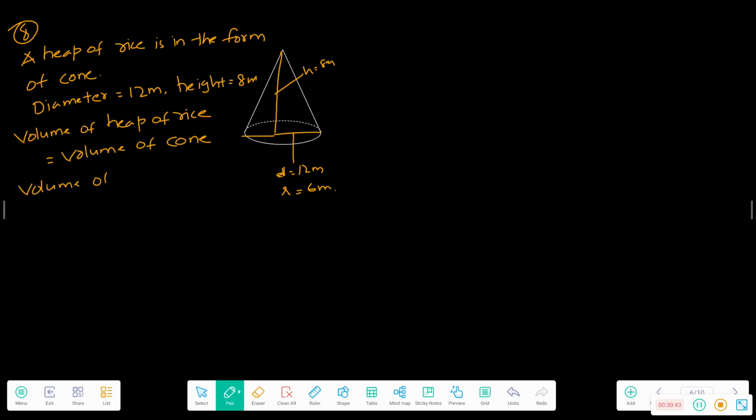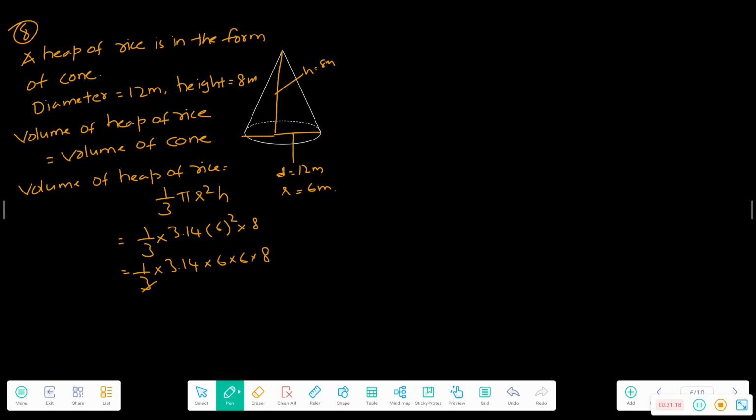So volume of heap of rice is equal to 1 by 3 pi r square h, and it is 1 by 3 into, but here the value of pi he asked to take as 3.14. So let us take 3.14. R value is 6, so 6 square into h is 8. So that is 1 by 3 into 3.14 into 6 into 6 into 8. So 3 ones are 3, twos are, that is 2 6s are 12, 12 8s are 96.